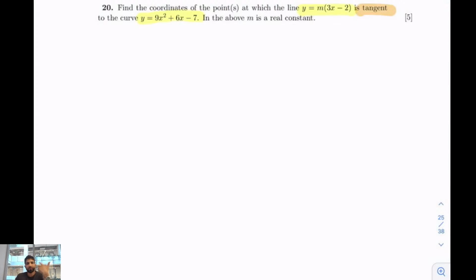We are told that m is a real constant, so we have got some quadratic expression here that's going to give you a parabola, and then we have got the line.